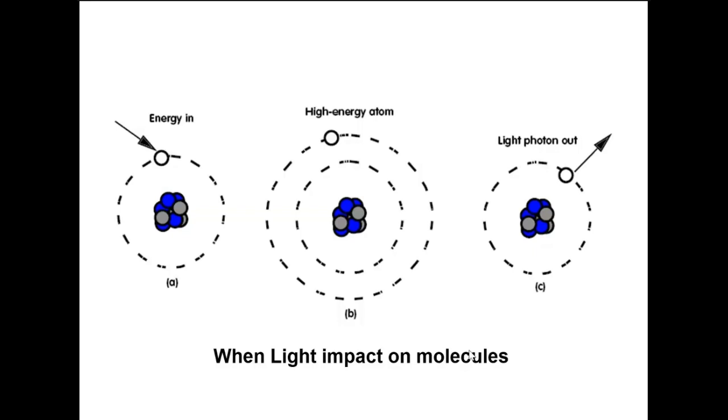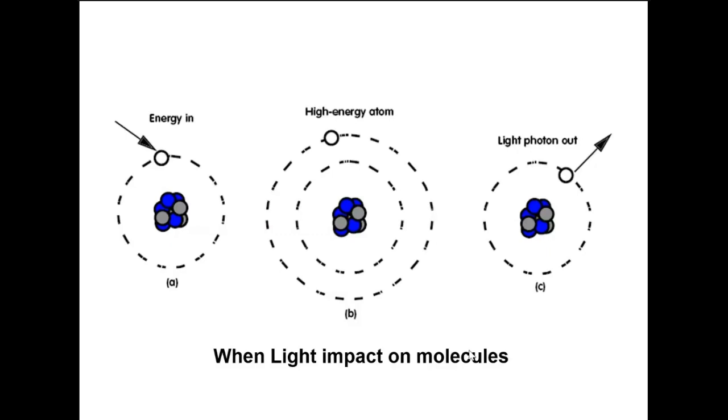Initially, it is in the ground state before absorbing light of definite energy. Once it absorbs light of definite energy, these valence electrons in particular move to a higher energy level.